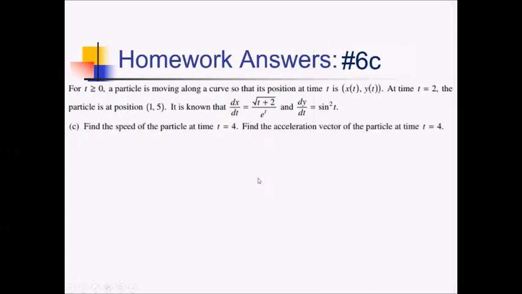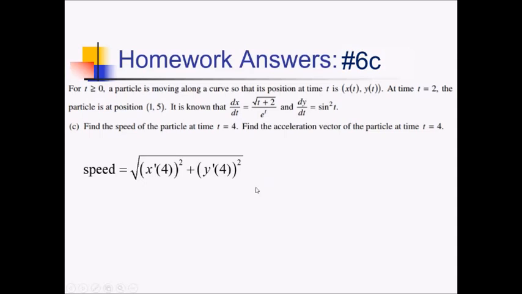On this next part, I want the speed and the acceleration of my particle at time 4. Well, for speed, we're doing the square root of x prime of 4 squared plus y prime of 4 squared. Basically, taking the x and y components for velocity, squaring them and adding them together, Pythagorizing them.